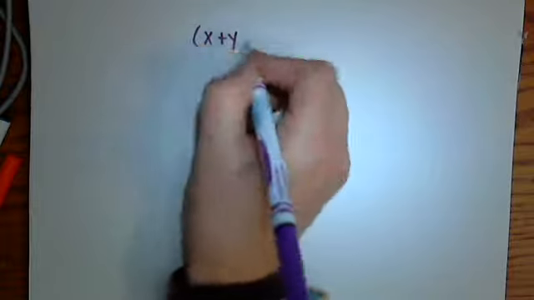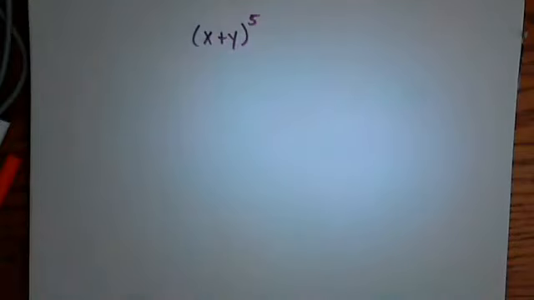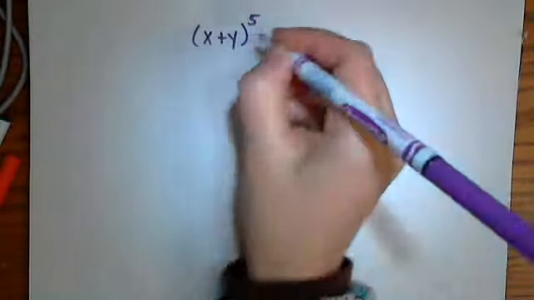In order to do that, I am going to just do an example. For example, let's do example 2, where we have x plus y, and we're going to take that to the 5th power. There are 2 different pieces to the pattern. The first piece is going to be the coefficients, and the second piece is going to be the variables and the exponents that are associated with these variables.